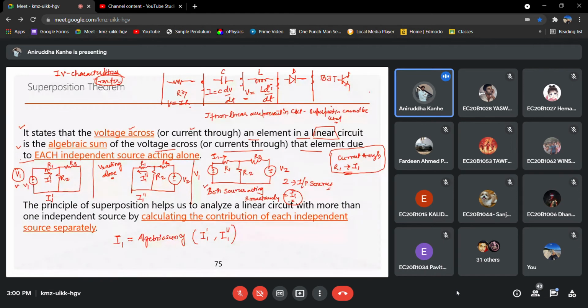When V1 is acting alone, obviously the current through R1 will go from left to right, whereas in case of V2 acting alone, the current will go from right to left. Since you are interested in the algebraic sum, you have to write it accordingly. Is that okay? This is what the superposition theorem says. Is there any doubt? Have you understood the thing?